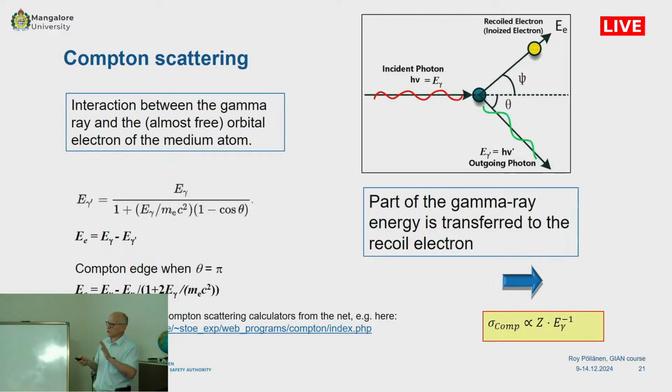I'm not sure about that. So what happens here? There's an interaction between the gamma ray and an almost free orbital electron of the medium atom. So part of the gamma ray energy is transferred to the recoil electron. This is the recoil electron, this one.